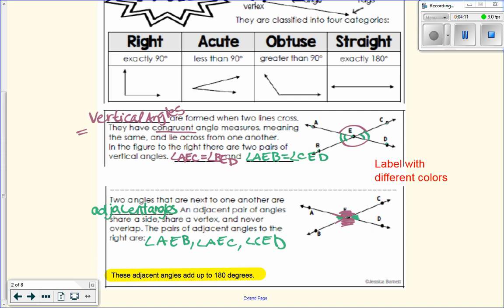And if you notice, these adjacent angles add up to 180 degrees. So this angle and this angle all lie on that line. Do you see that? That's a straight angle, which equals 180 degrees.